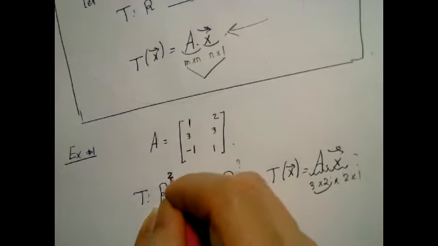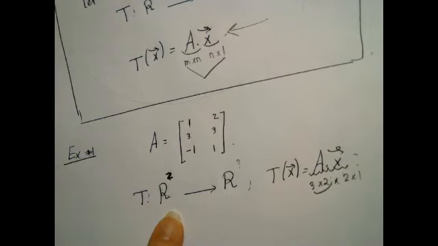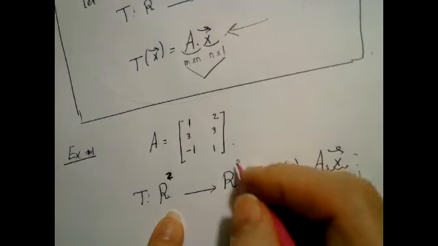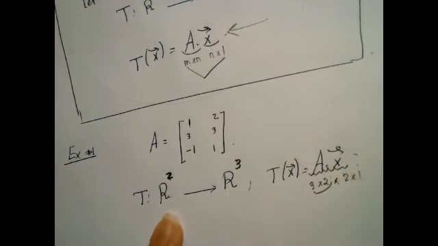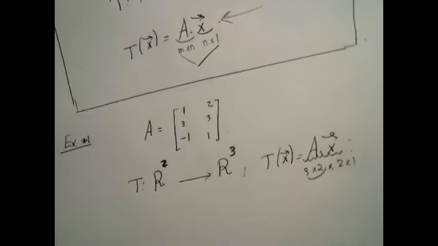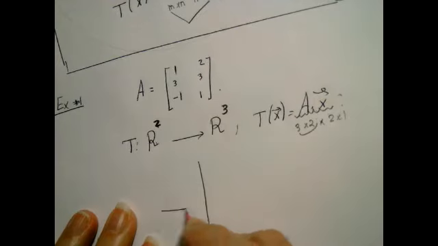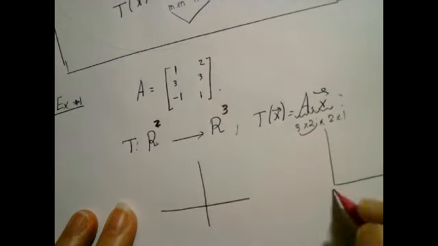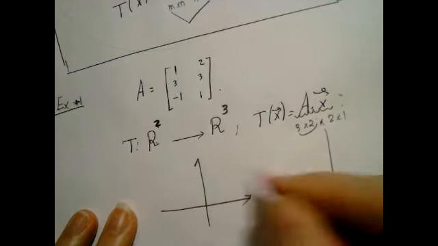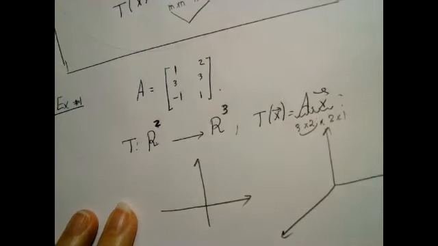It means my vector x has to be in R2, and this has to be R3. So this is my transformation now. I'm taking a function from R2 into R3.